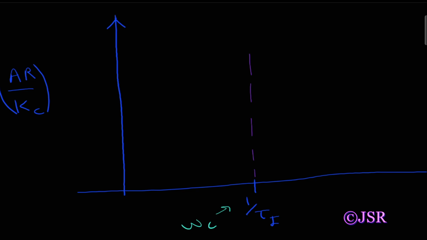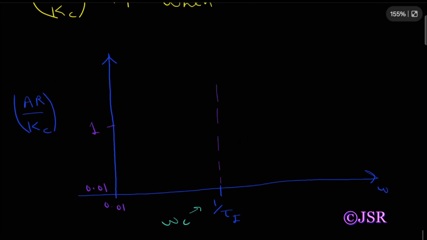So extend 1 upon tau I along the vertical axis, and in the y-axis, let's say this is 1 and this is 0.01, and this is somewhere, let's say 1, and this is 100.